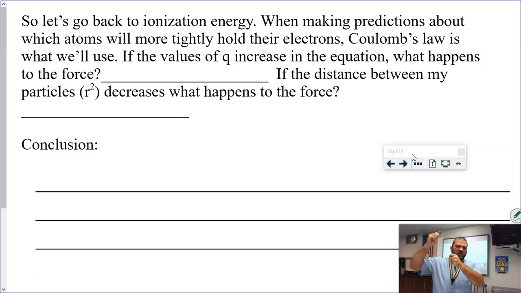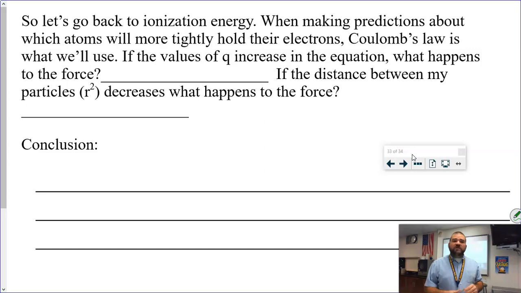How strongly is that outer electron attracted to the positive nucleus? If the attraction is pretty strong, it's going to require a lot of energy to remove the outermost electron. But if there's an attractive force that's not too strong, it's just going to require a little bit of energy. And when I say energy to remove the outermost electron, I'm talking about ionization energy. That's the term we'll use.